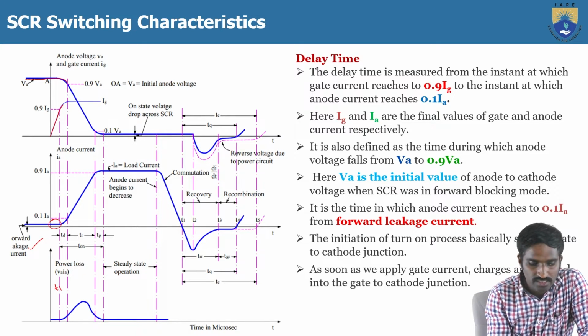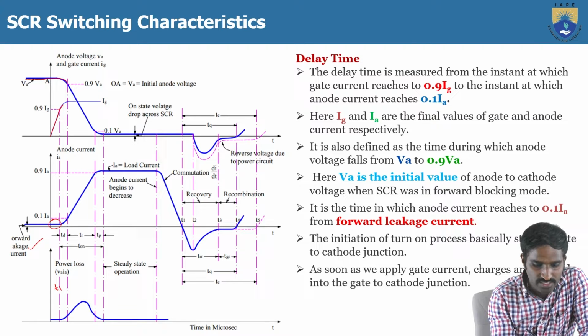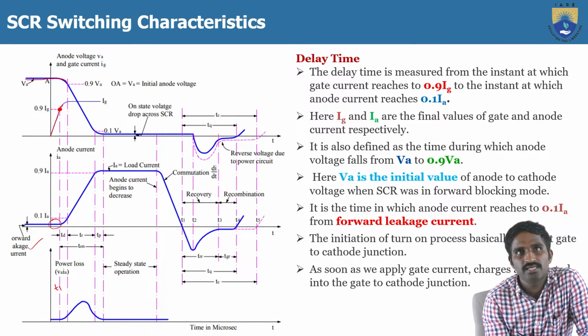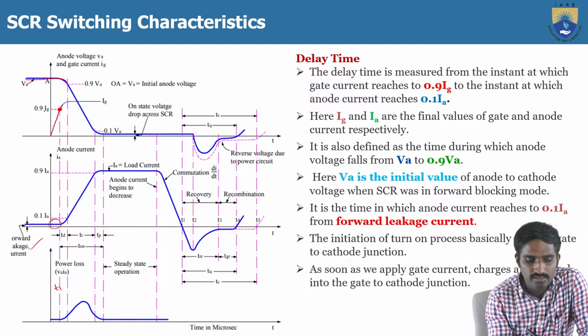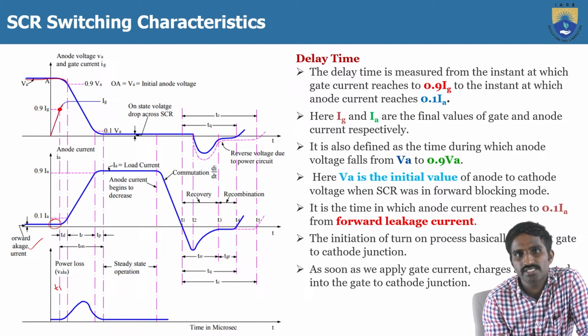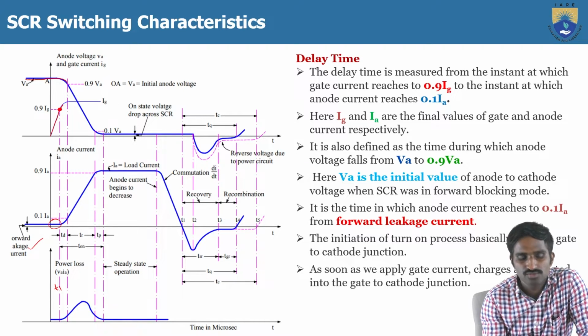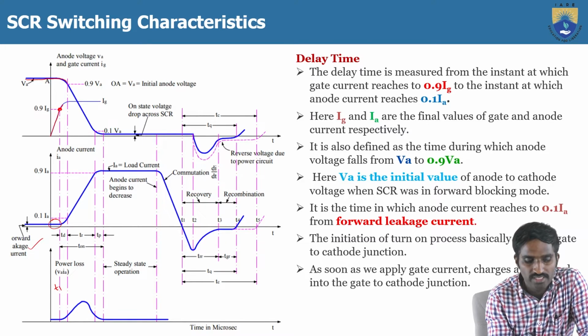At this particular point the gate current reaches 0.9 Ig, where Ig is the minimum current required to turn on the thyristor. Suppose we consider 10 milliamperes as the minimum current required to turn on the thyristor. Then 0.9 Ig means 9 milliamperes, where the gate current reaches 0.1 Ia.